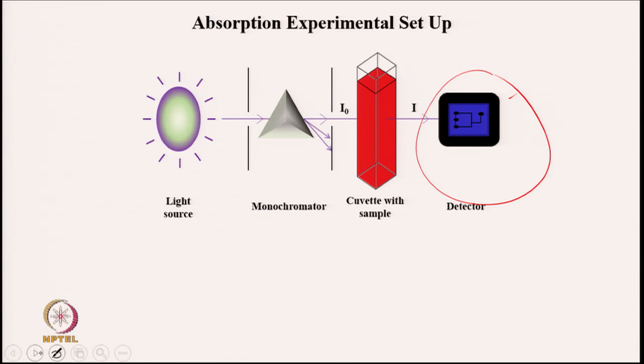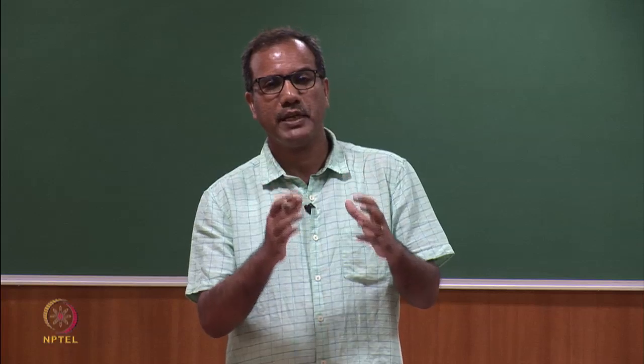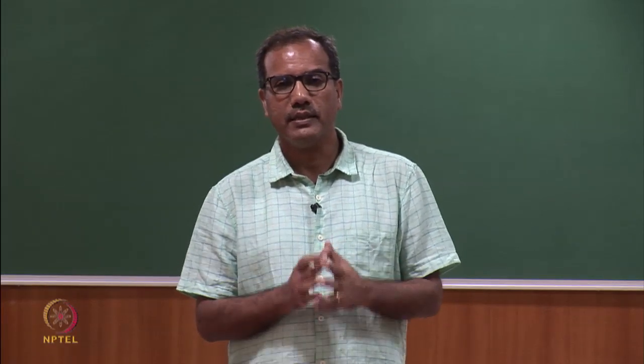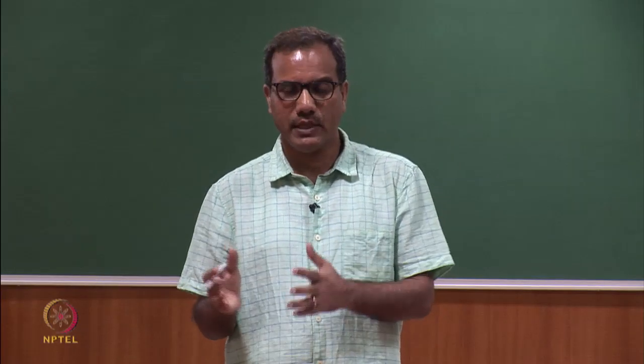But if you want to look at emitted light, if you take this line between light source and sample, you need to put your detector perpendicular to this line. So, by putting detectors at appropriate places, you can see the transmitted light or emitted light.